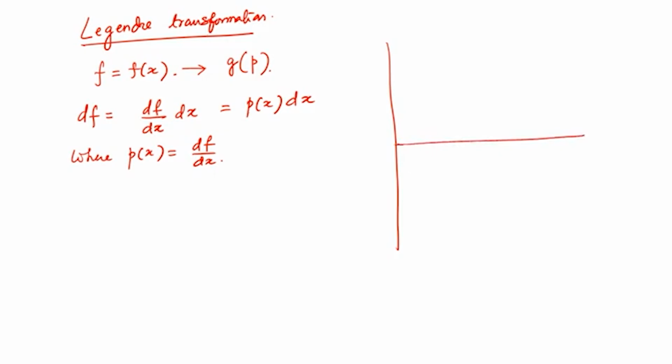Let us have an arbitrary function like this. This is f of x and you have x. Now, take a point x0, say here. Identify the point where this is f of x0. So, I take the point x0, f of x0, this point here. And now, draw a tangent. Let me try to do it.